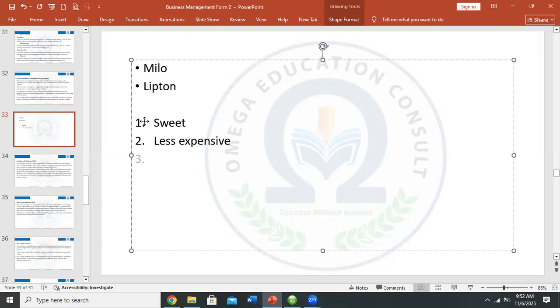Milo and Lipton, what are some of the criteria we can use to compare the two? Sweet, less expensive. I think we can get 2 or 3 criteria. Or should we use just these 2 criteria, sweet and less expensive, right?